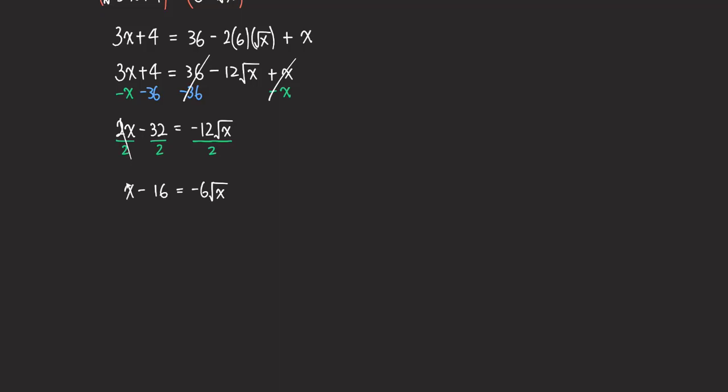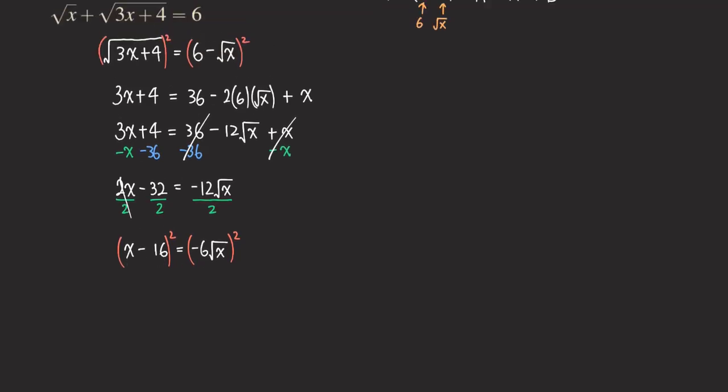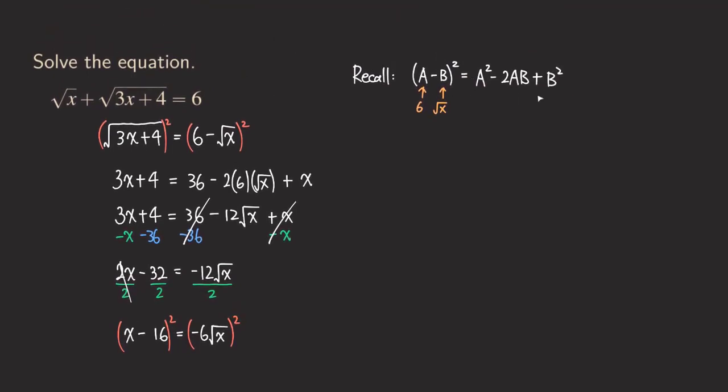Okay, so now we are ready to do the squaring because there is no more way to simplify. Also, just one thing to mention here is that when we are doing the squaring, we are going to include the negative sign inside. Okay, so it will turn into positive 36 once we do the squaring. Now here it's actually the same thing as using this formula over here.